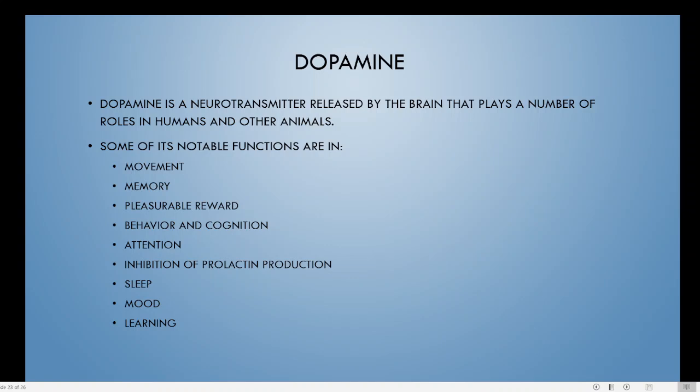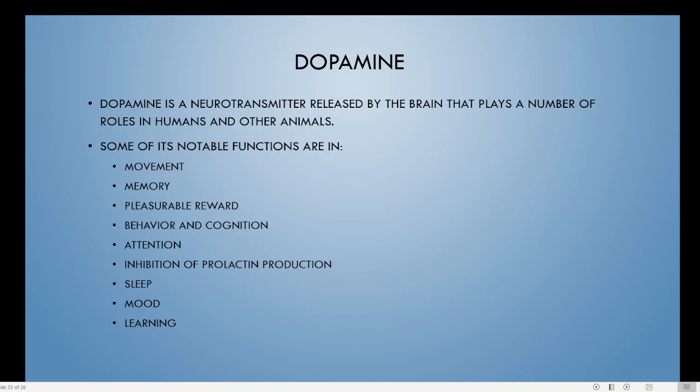For example, here you can see the important functions of dopamine. Dopamine is involved in movement, memory, pleasurable reward, behavior and cognition. Cognition means higher way of thinking. It is also involved in attention, inhibition of prolactin production (prolactin is a milk producing hormone), sleep, mood, and learning.